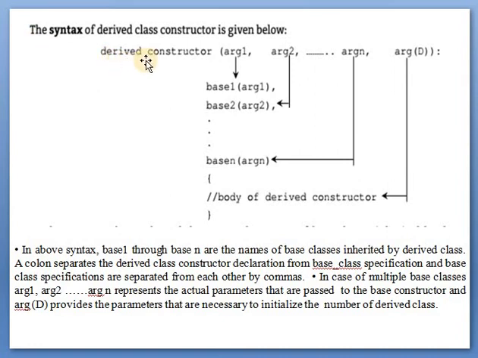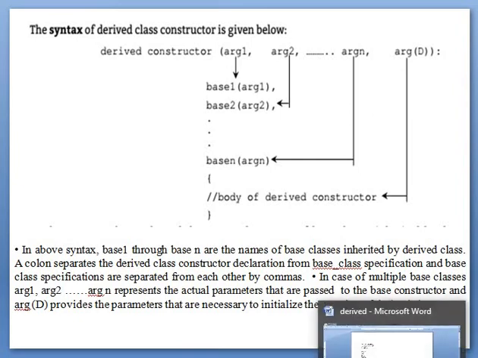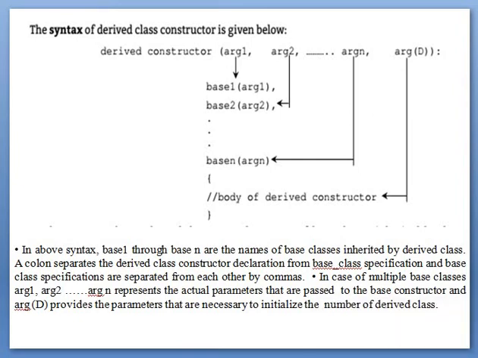See here, the derived constructor: argument 1 up to argument n are the arguments of the base classes, and argument d is for the derived class, and now this is the body of the derived class. In the above syntax, base 1 through base n are the names of the base classes inherited by the derived class.